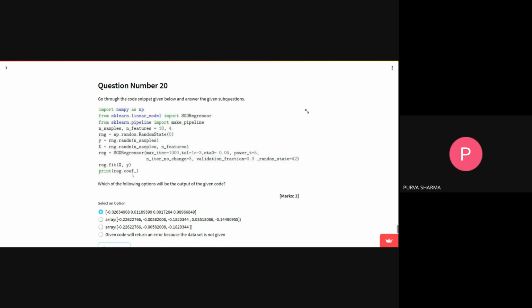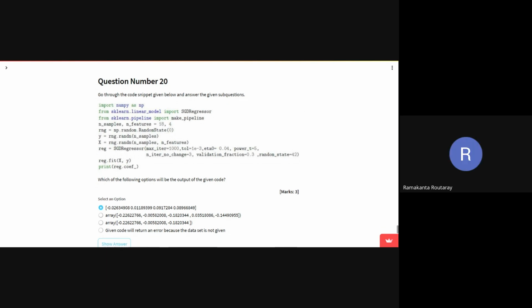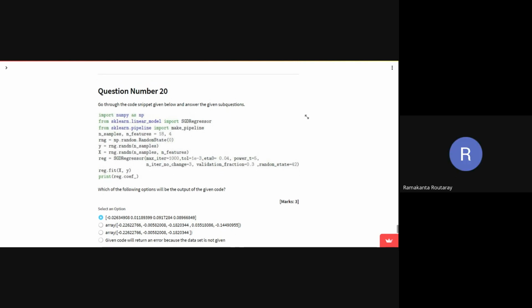But why the first option? Because we know that we have 4 features, and each feature will have a weight, a coefficient. So this first option contains 4 values, which means this can be the correct answer.